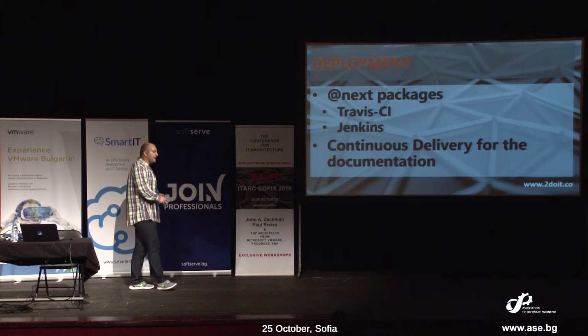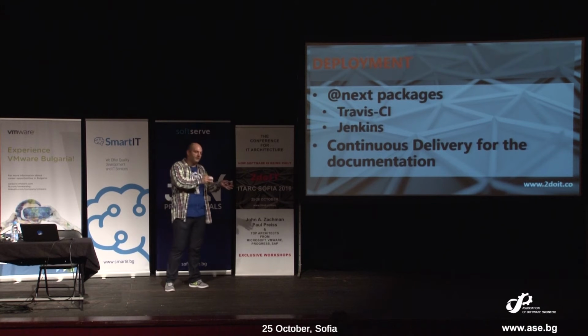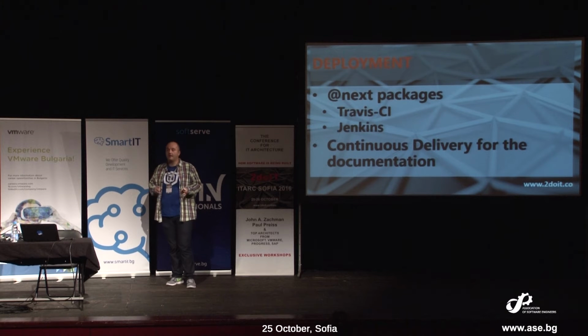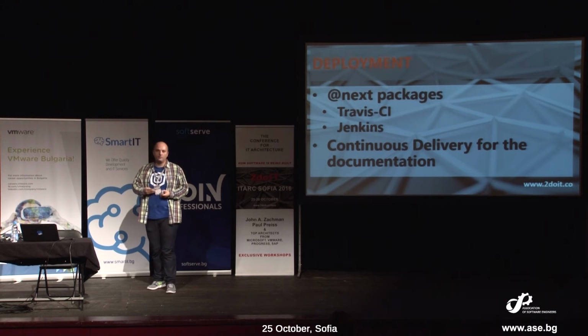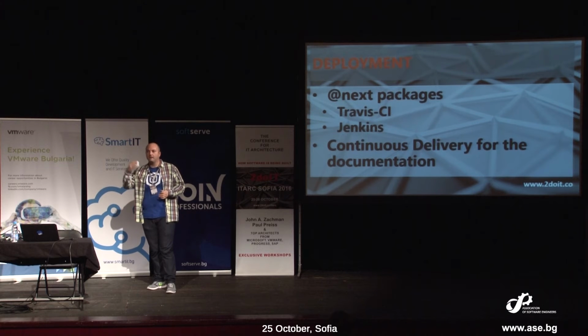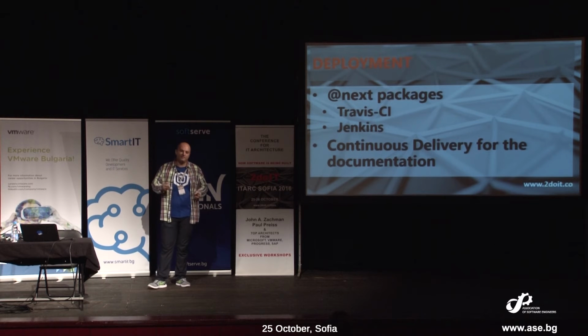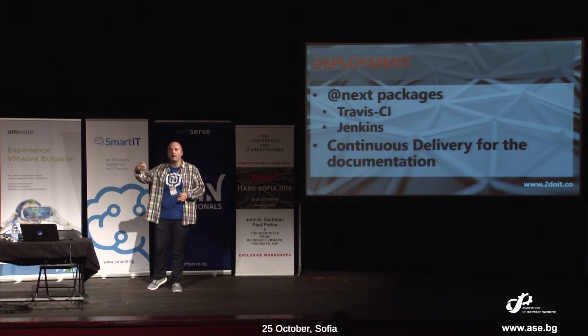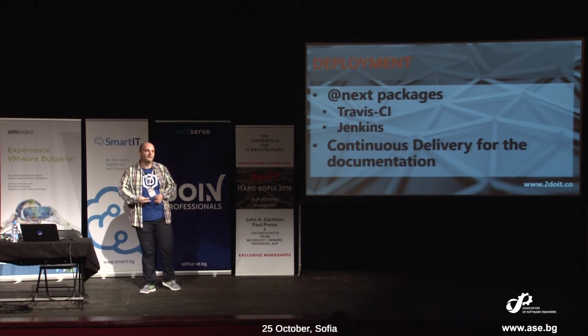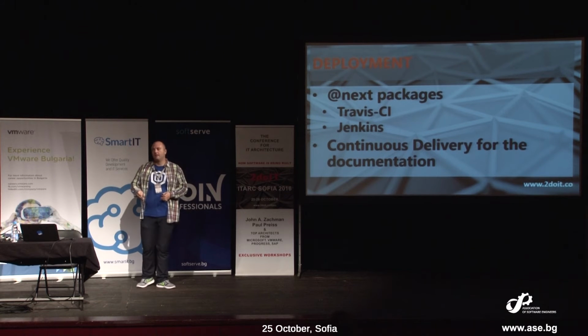The Travis CI environment and the Jenkins environment are used to automatically pack and deploy next packages. Next packages are somewhat stable packages that are actually previews of the next version that we will release.